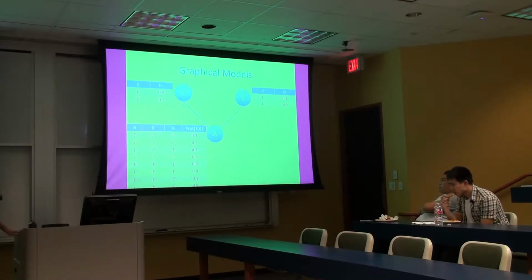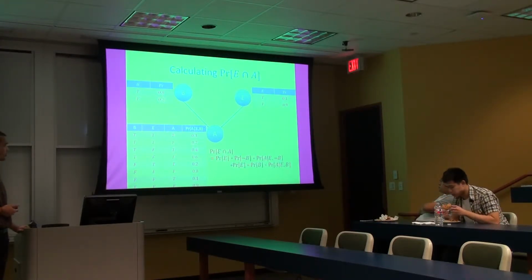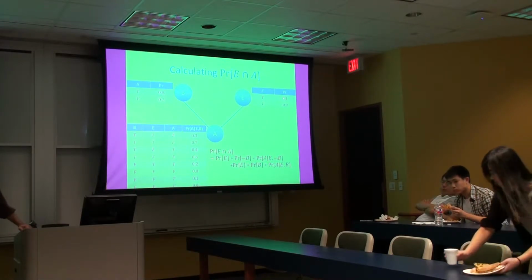So once we have these probability tables, let's go back to our question. We are going to calculate the numerator and denominator differently. The first case is the probability of E and A, which is earthquake and alarm both happening.